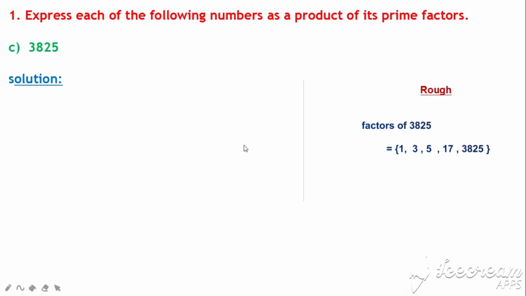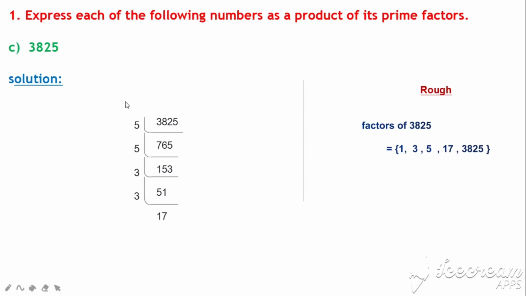Now, let us look into the solution. 3825 can be expressed as 5 into 765. Now, 765 can be expressed as 5 into 153. Now, 153 can be expressed as 3 into 51. Whereas 51 can be expressed as 3 into 17.